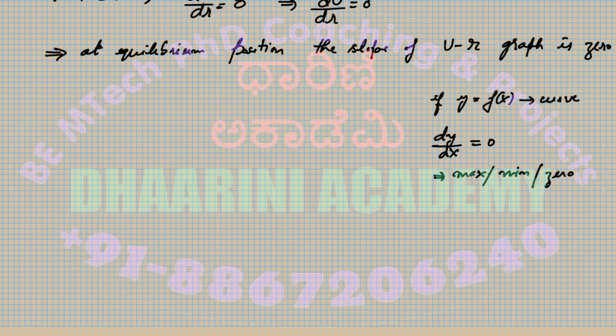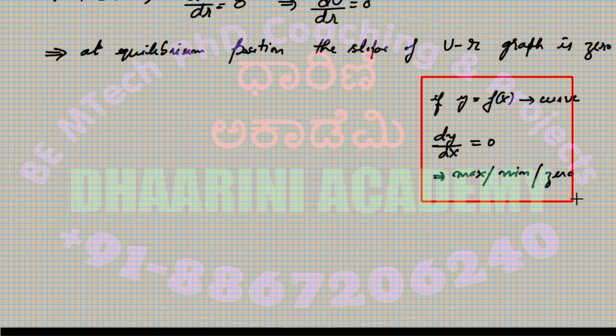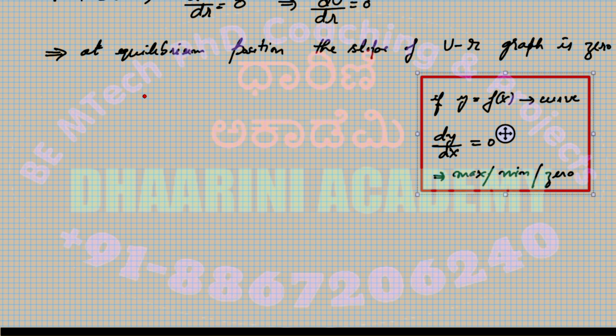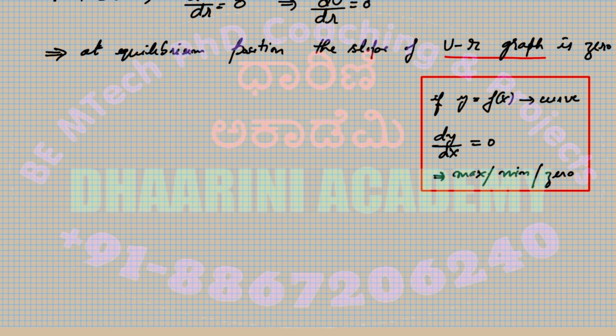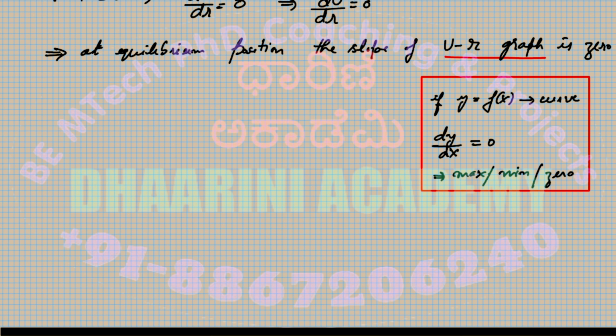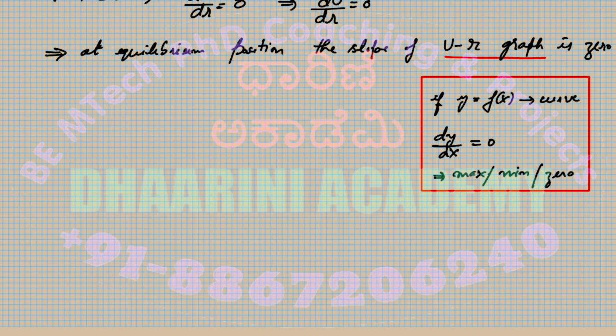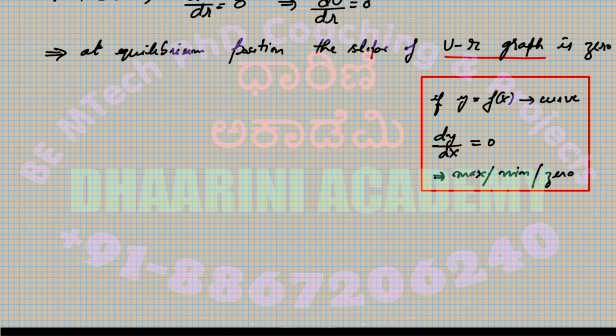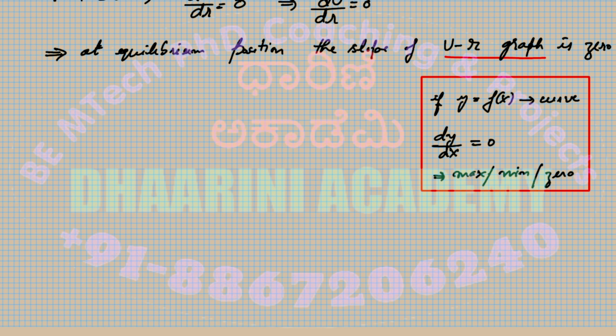Now we'll extend the same point to our discussion about the U-r graph. If the differentiation du by dr is 0, the point that we need to understand is that at that particular point where the slope is 0, either the curve is attaining its maximum, otherwise its value will be minimum, otherwise u is equal to 0.